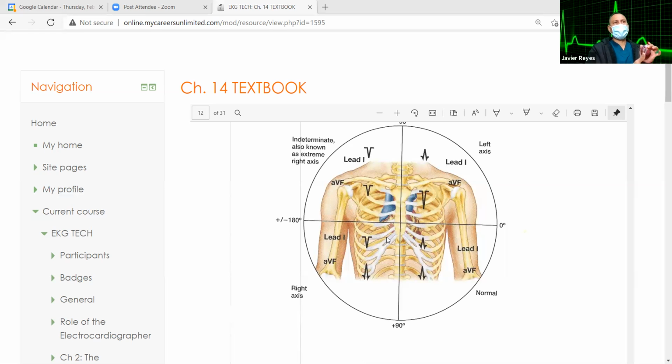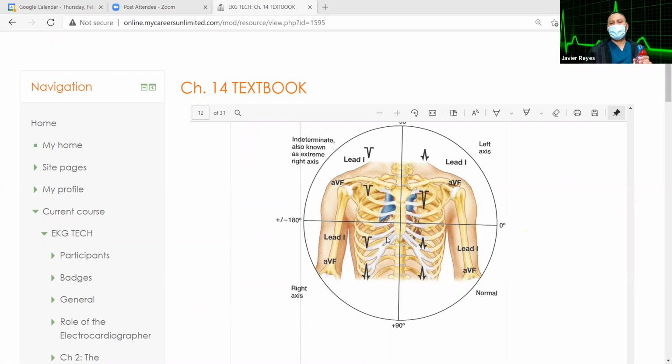And this is what you most commonly will see in heart failure, because the ventricle gets very large and the AVF becomes so small that it's almost negative. And the normal, what is normal? Normal is positive lead one and positive AVF. That is normal, and that's what we've been seeing.